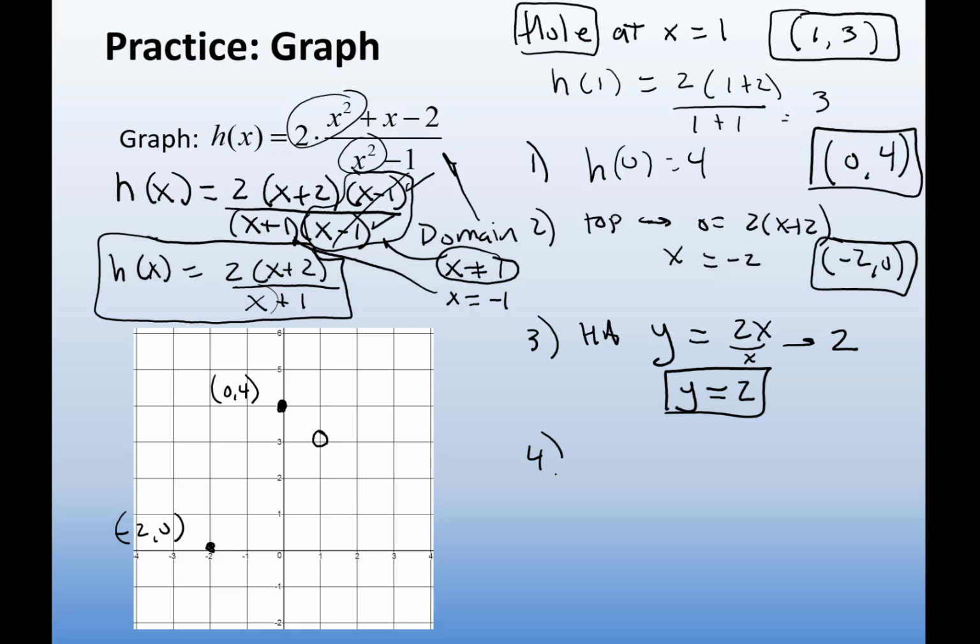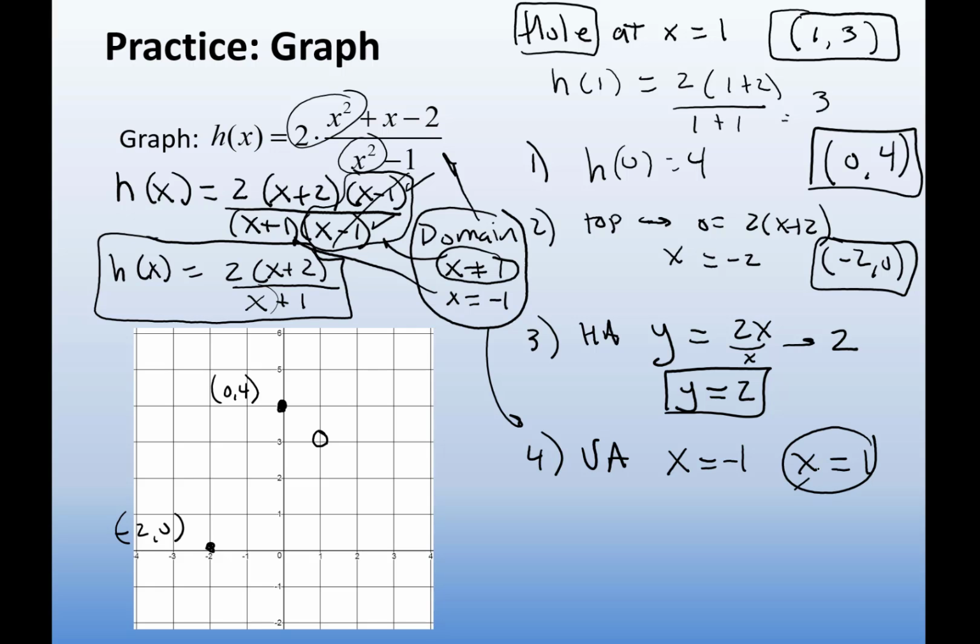Now, vertical asymptotes. Originally, they would have come from these domain restrictions. We would have had 2 of them: x equals -1 and x equals 1. But this one is no longer in the story because at x equals 1, it got canceled out with the numerator. So really, there's only one vertical asymptote.